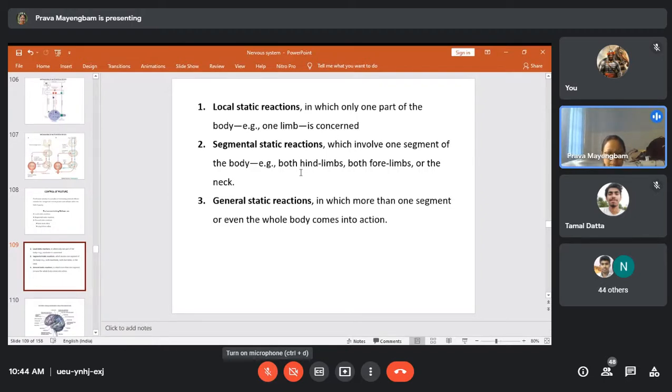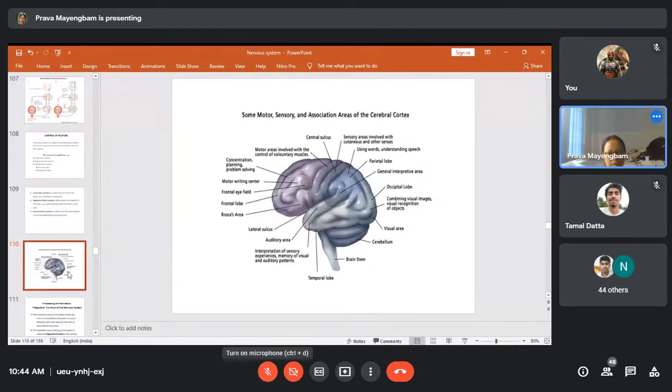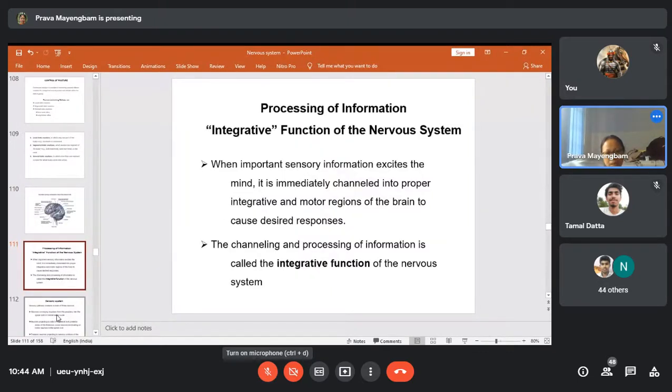A general static reaction is one in which more than one segment or even the whole body comes into action. So this is about the posture maintaining reflex. This figure I have shown you earlier.